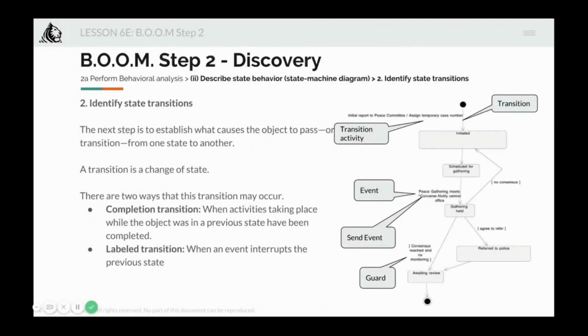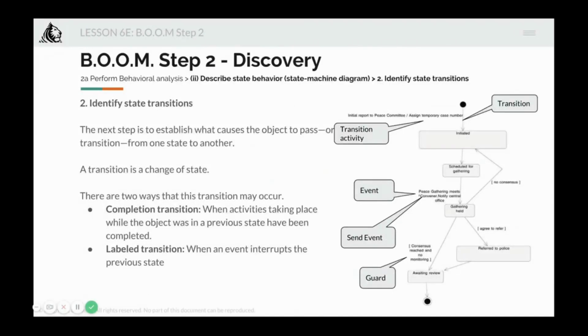So there is something called a transition, that is the very first speech box. It's a change of state indicated with an arrow. Then there's an event, which is a trigger that fires or forces a transition. To document an event, simply write the event name beside the transition symbol.